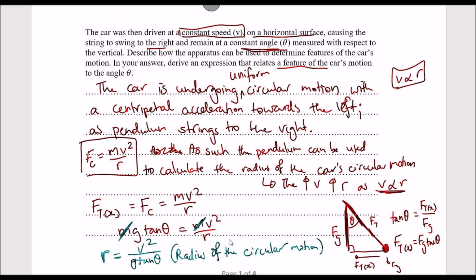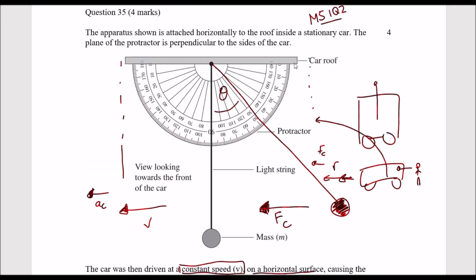Now here's a little bonus. Let's say we want to find the velocity. From the original equation that we had, g tan theta equals v squared over r. So if we move everything over, v equals the square root of r g tan theta.